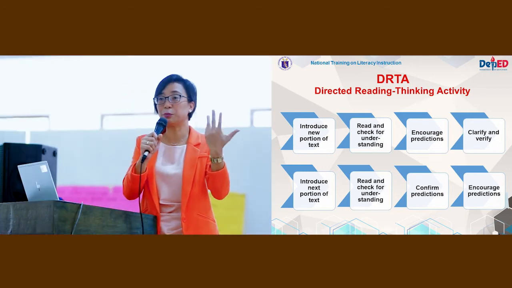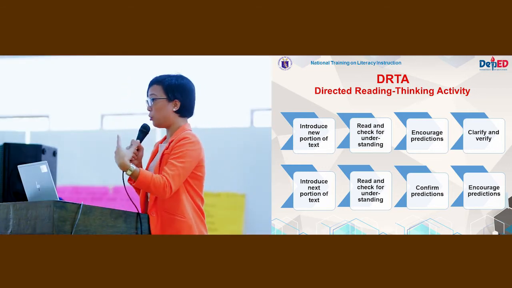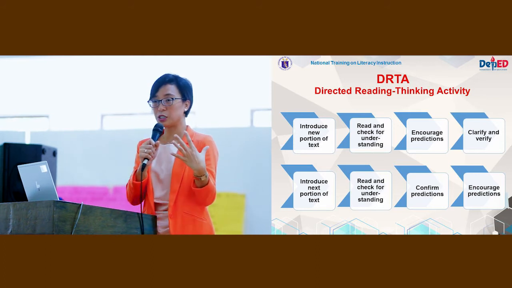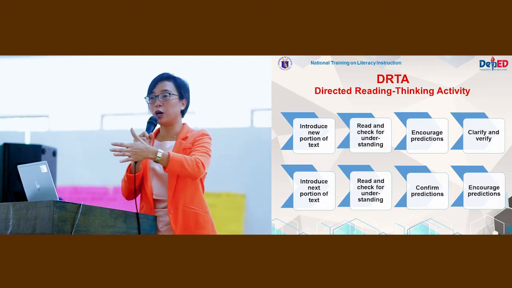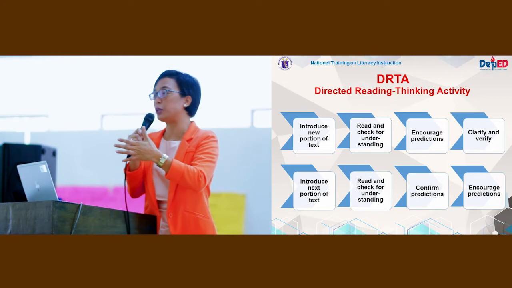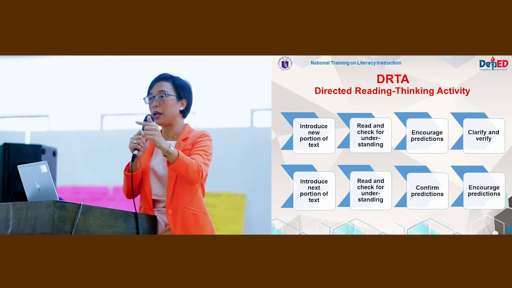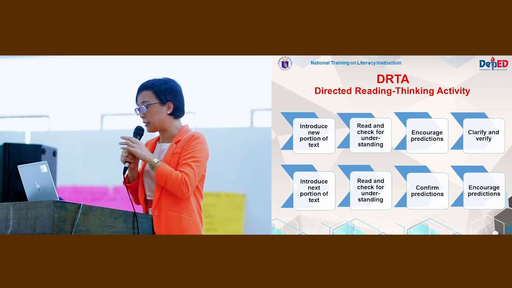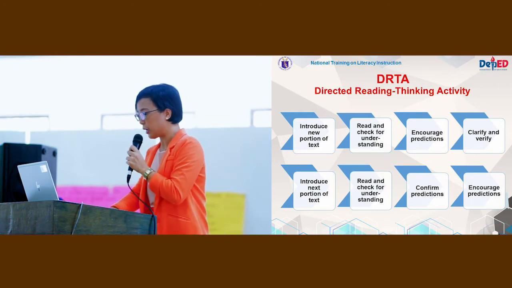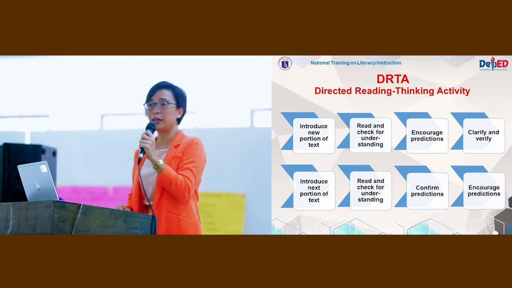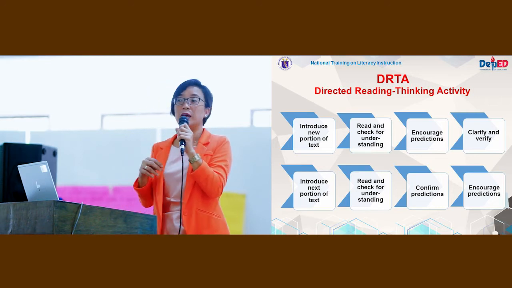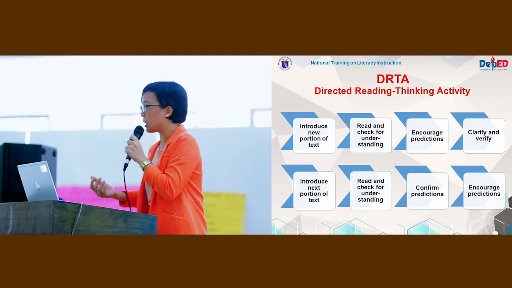In encouraging predictions, we accept all. We accept all. As much as possible, we filter only when we ask our students to give their evidences or proof for predicting. That's why it is in clarifying and in verifying. Okay? In clarifying and verifying, this is where the students refine their prediction.